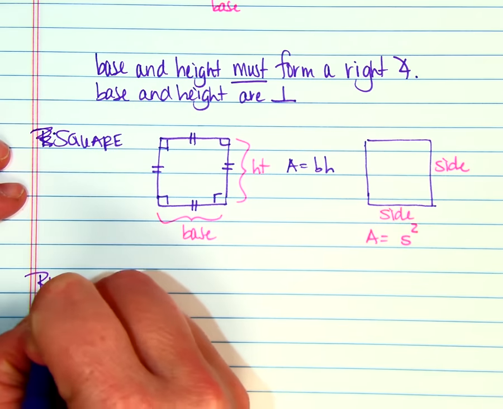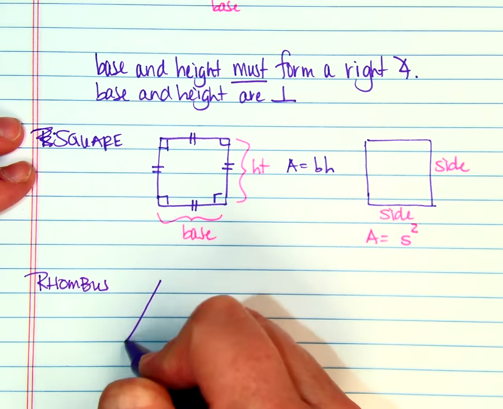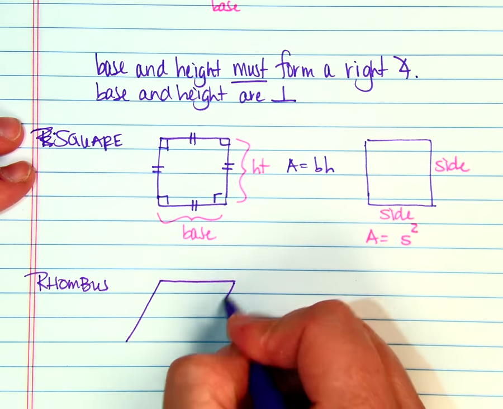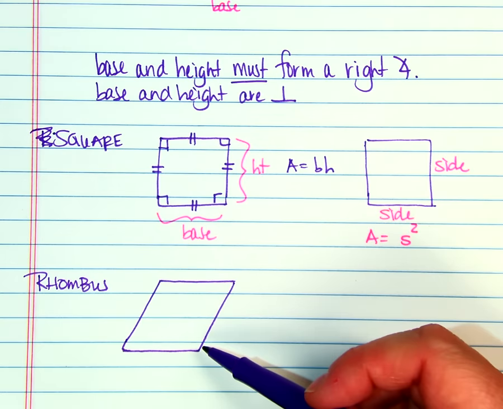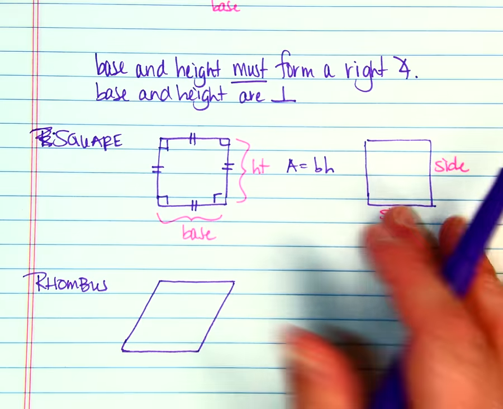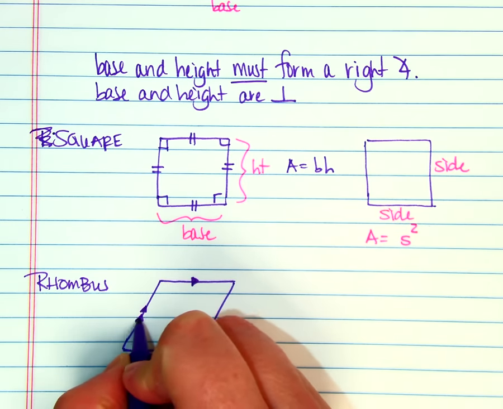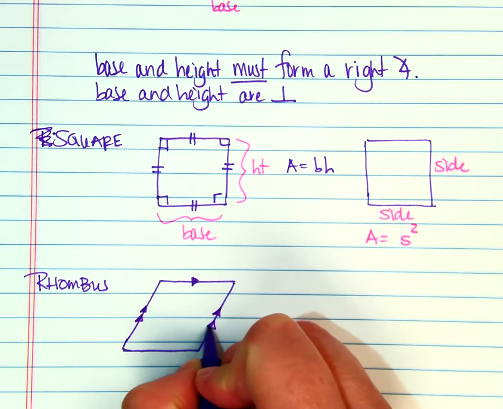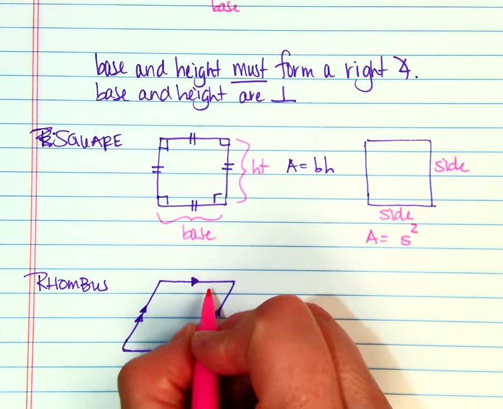A rhombus, I always think of it as a parallelogram that is kind of scrunched up. So it still has the qualities of a parallelogram. So these are parallel, but it also has all the qualifications or properties of a square.